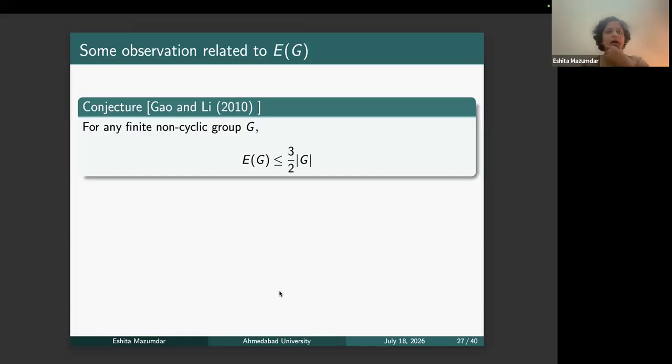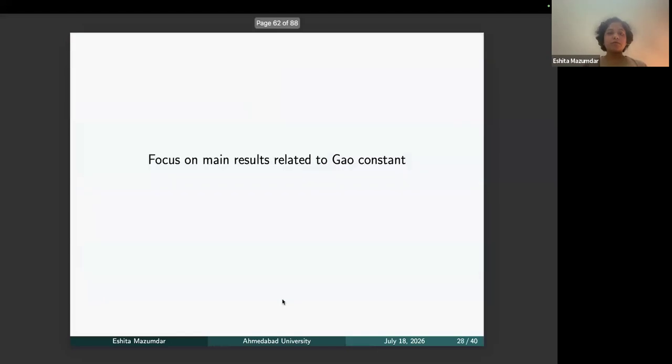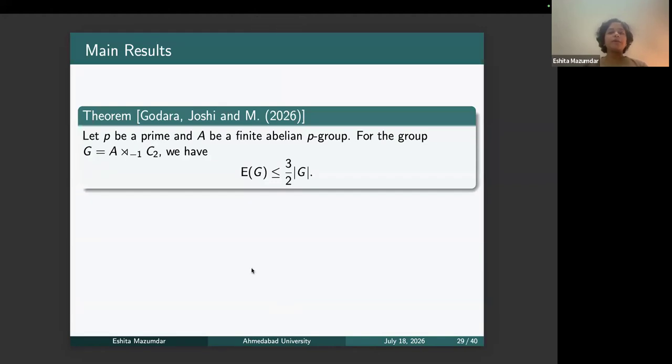There is some other observation related to the Gauss constant: Gao and Li in 2010 conjectured that this Gauss constant would be less than or equal to 3/2 of the cardinality of G for non-cyclic group G. They proved that for a non-cyclic group of odd order greater than 9, its value will be this. Han proved that it is true for all non-cyclic nilpotent groups also. Now let's focus on the Gauss constant particularly and see what we did.